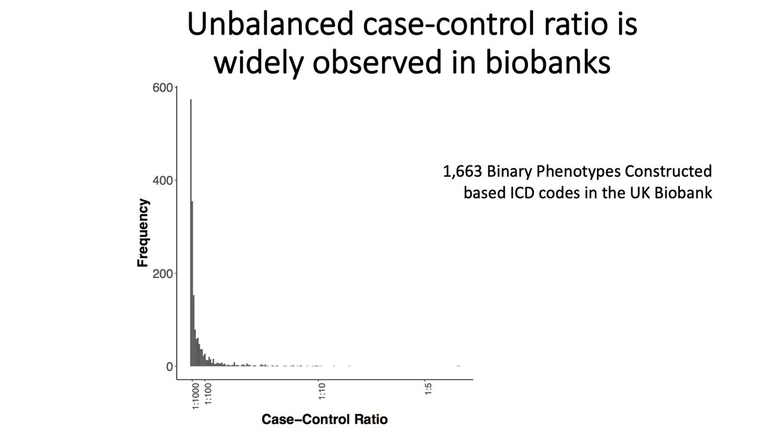This plot is showing the distribution of case control ratio of 1,600 binary phenotypes in the UK biobank. And around 85% of them have case control ratio lower than 1 to 100, which means there are 100 times more controls than cases.